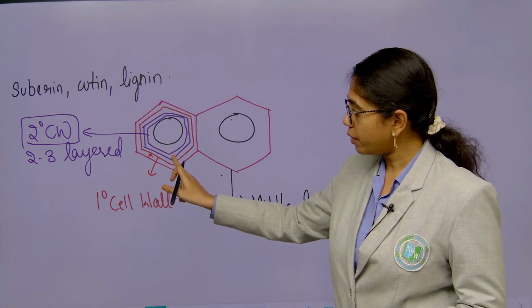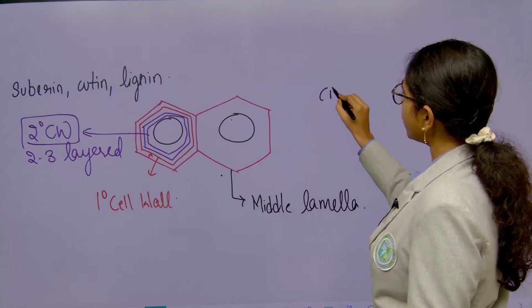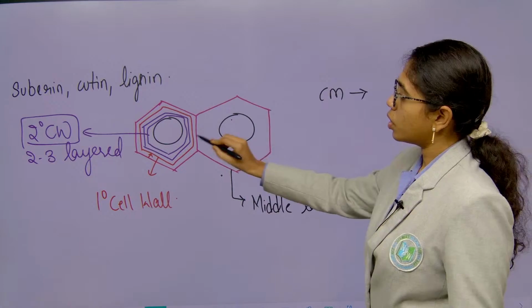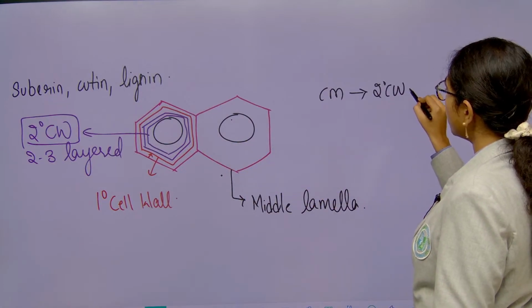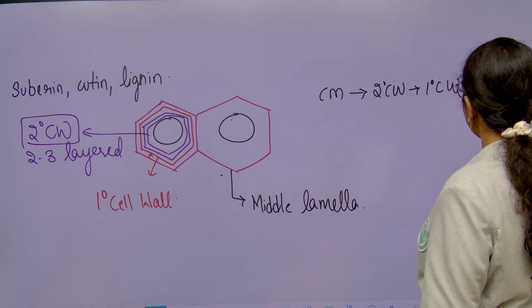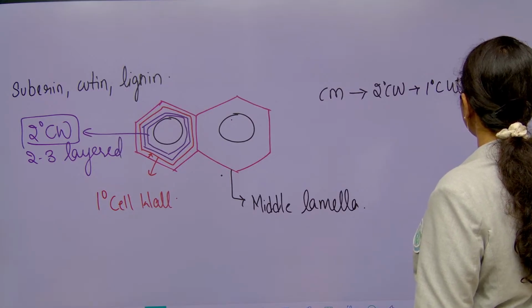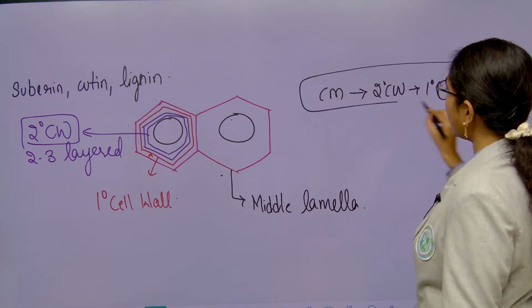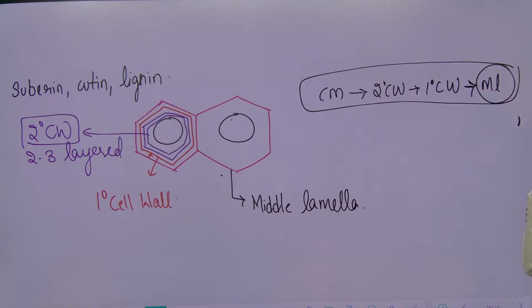From the cell membrane, if you see the order, closer to the cell membrane, what is present? Secondary cell wall. Next to the secondary cell wall, what is present? Primary cell wall. Next to the primary cell wall, what is present? Middle lamella. Very good. And the middle lamella is the common wall, present at the outermost layer. This hierarchy you people have to remember.